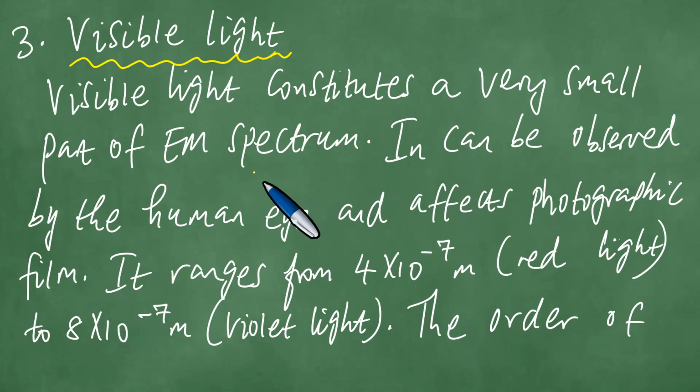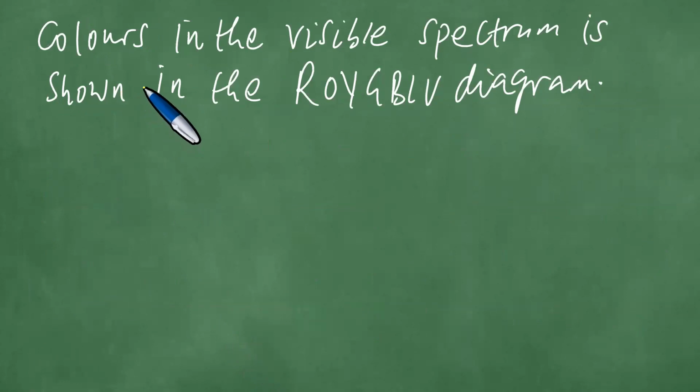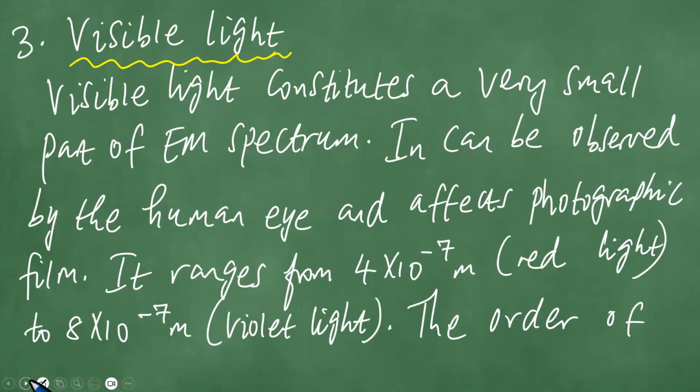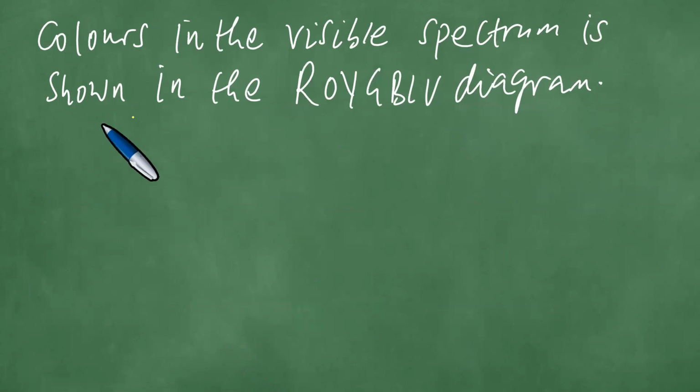So we are able to see the visible spectrum, or what we call visible light. It ranges from 4 times 10 to the minus 7 meters for the red light to the violet. Obviously, we saw this in the ROYGBIV diagram. The order of colors in the visible spectrum is shown in the ROYGBIV diagram above.